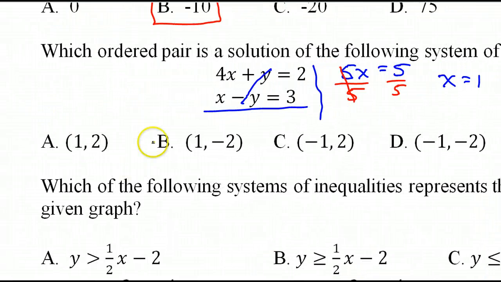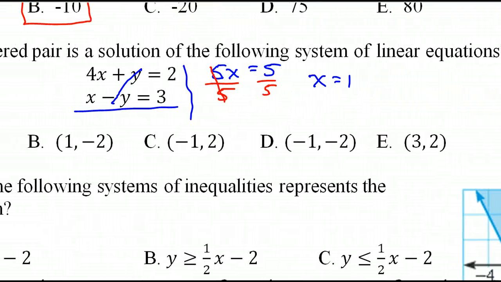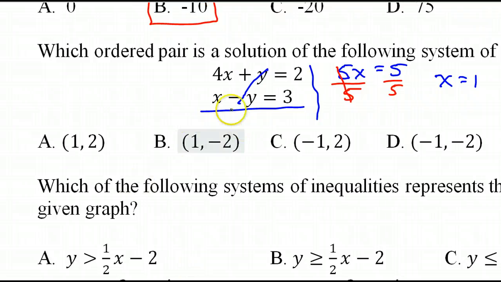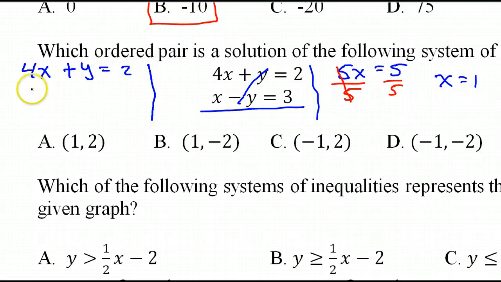So that narrows it down to either A or B right there. So now I just need to find the y value that goes with it. I'll use the top equation. So I have 4x plus y equals 2. So this becomes 4 times 1 plus y equals 2.